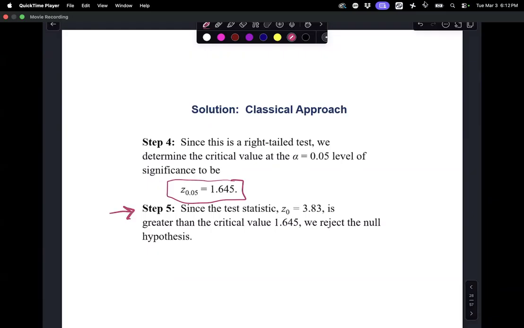They write a lot more, but if your words are just that simple, 100% okay. But I need to see those two things: test statistic is greater than the critical value, rejecting the null hypothesis. I need to see those two pieces in order for you to get full credit on this. Okay.